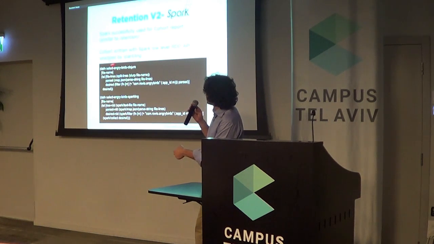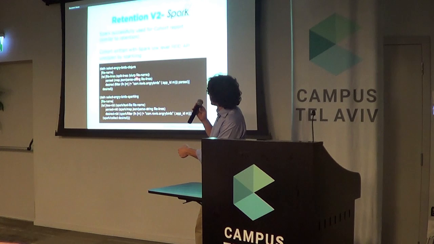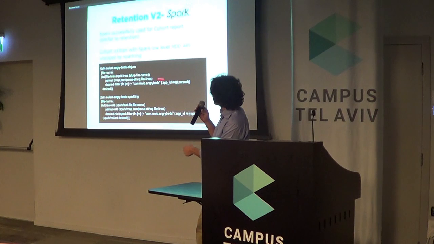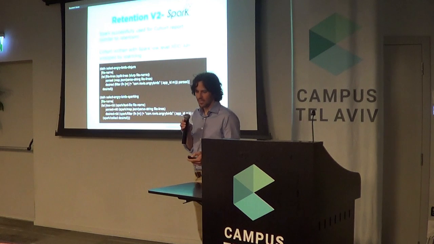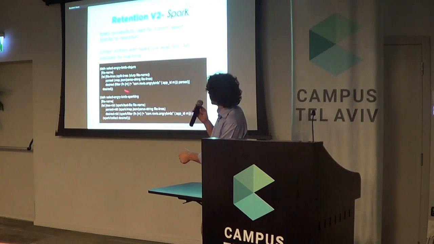So this function takes a file, pulls the lines of the file in, and then it searches for the records that are from the Angry Birds cell phone app. It's just a toy example here.